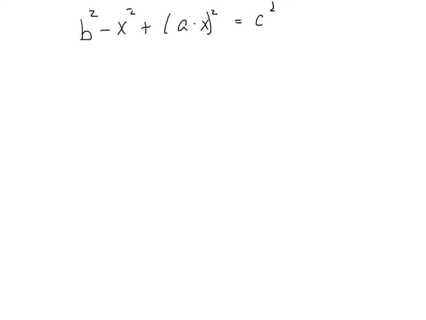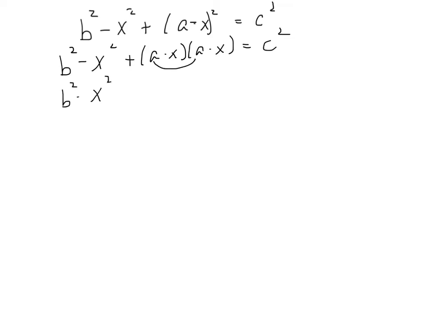Okay, so now what I'm going to do is multiply this out here, this binomial squared, and rearrange my terms a little bit. So I've got b squared minus x squared, that just carries along, plus a minus x times a minus x. I'm going to FOIL that out. So what I will end up with is b squared minus x squared.